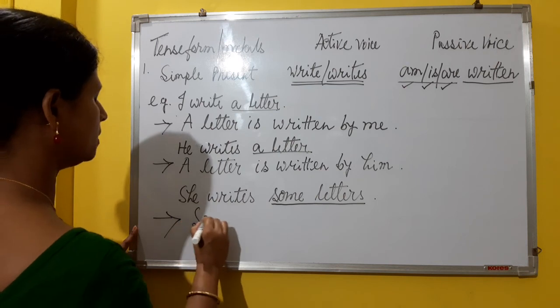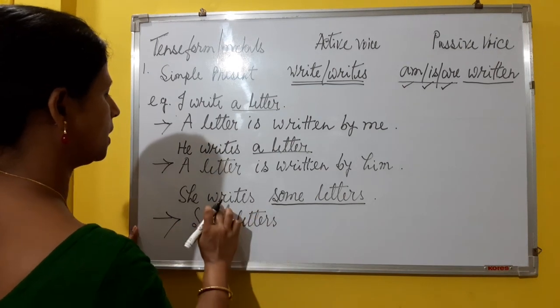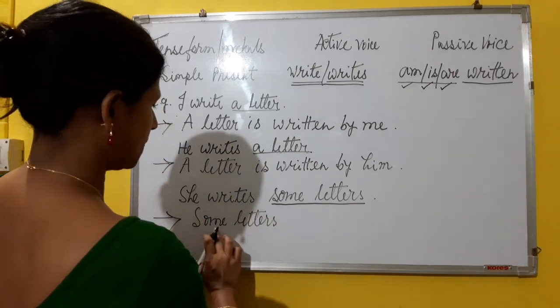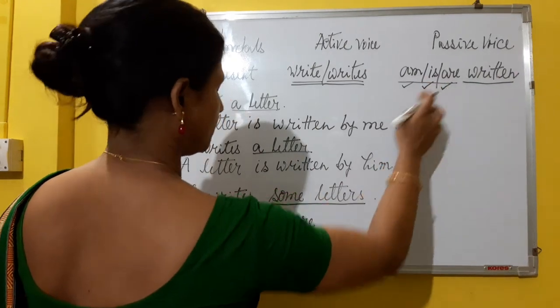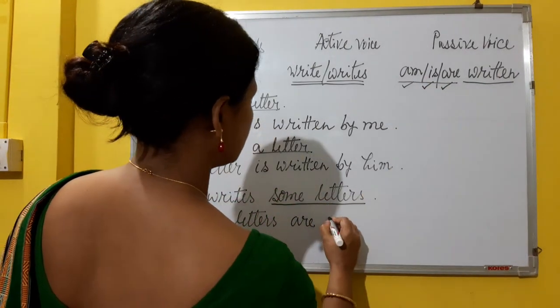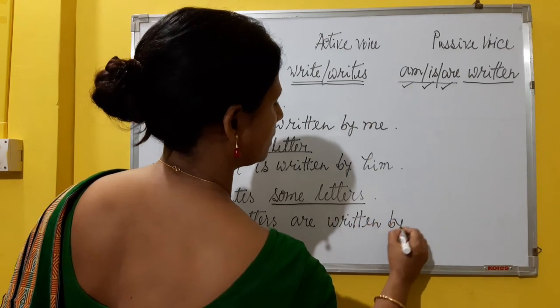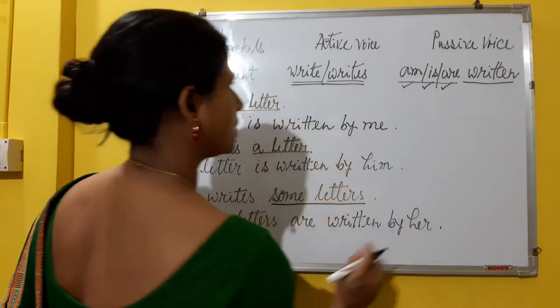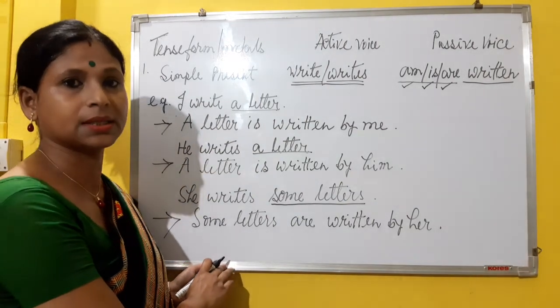This will come here. Because this is plural, we'll write are. So you will decide what to write. Some letters are written by her. So this is how we change for simple present tense.